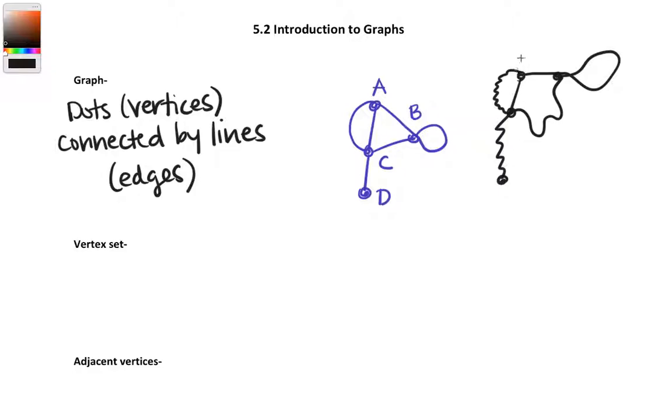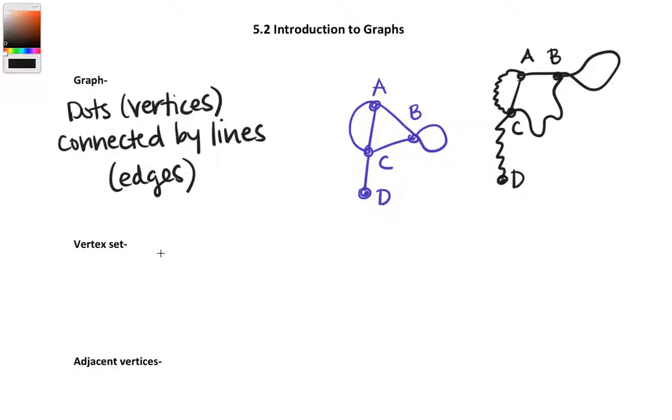What matters is which vertices are connected up to which. We've labeled each vertex A, B, C, D. In both of these pictures, all the same connections are made. This one's just drawn a little more wiggly.